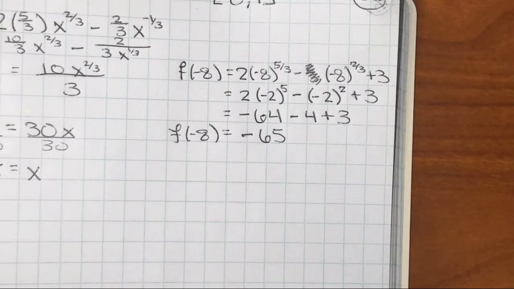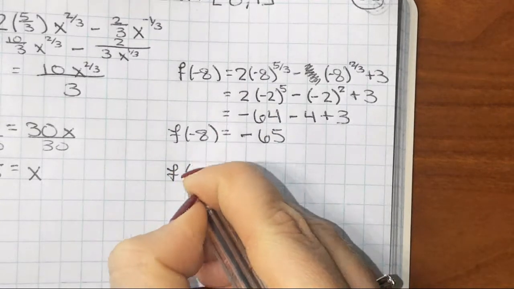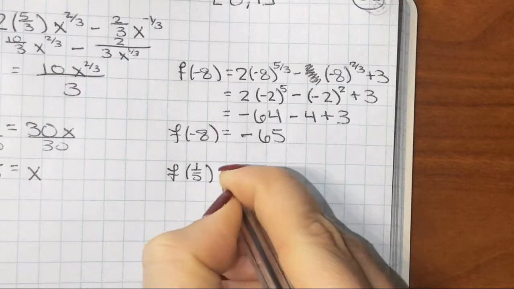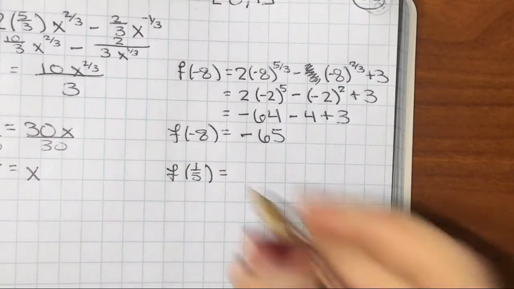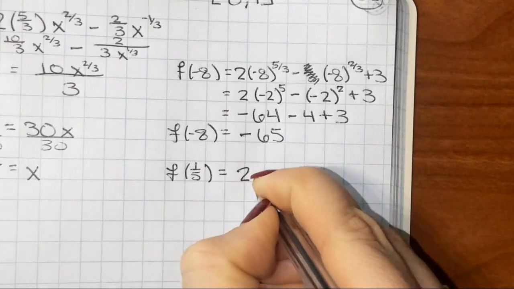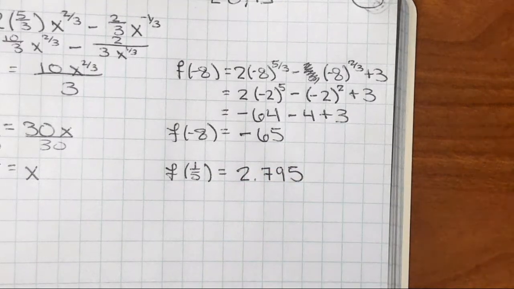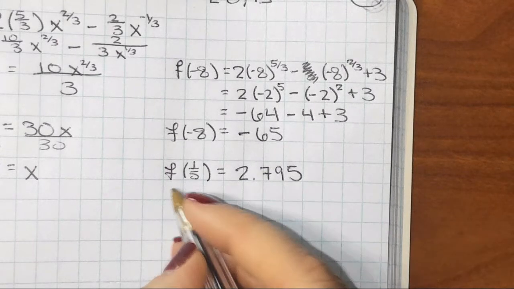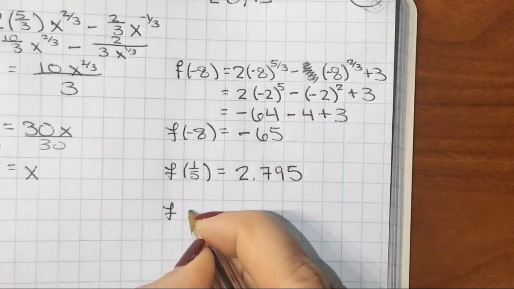Okay? Guys, I'm going to save us a little bit of time. F of 1/5, if you put it in your calculator, to 3 decimal places, is 2.795. Okay? And what's the last point I had to check? 1.